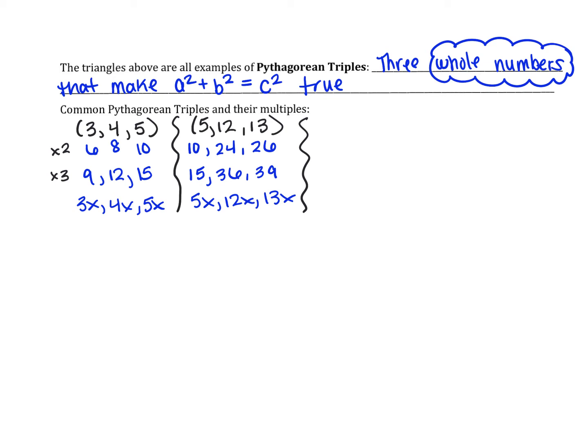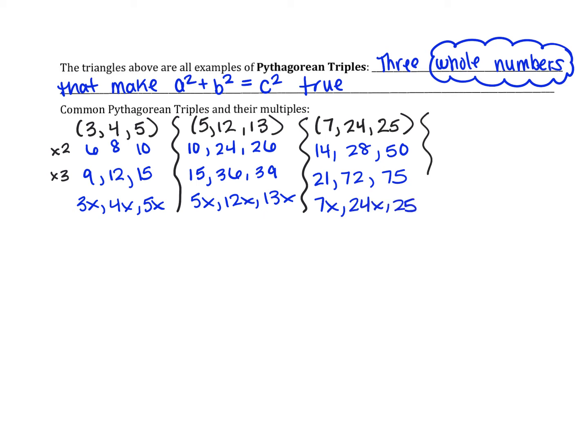The next one is 7, 24, 25. So if I multiply all those by 2, we get 14, 48, 50. If I multiply 7, 24, 25 by 3, I get 21, 72, 75. And then you can also have a variable in there.